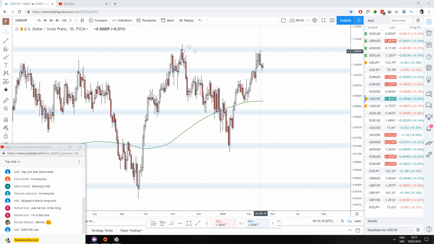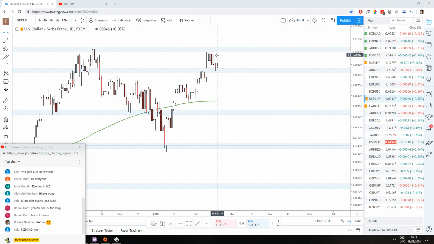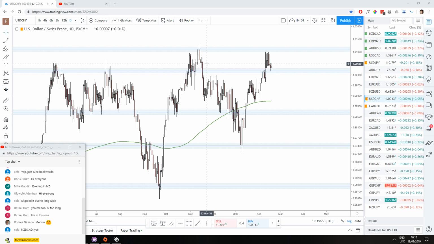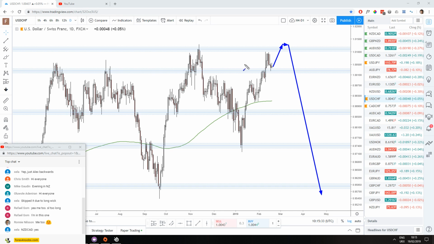But there is definite potential for price to push up to there, and we could make a little bit of profit on that move. But overall, the position that I want to see is price pushing up to this resistance area, which it hasn't quite reached yet, stalling out on this resistance area, and then turning around and moving down massively. That's what I want to see.